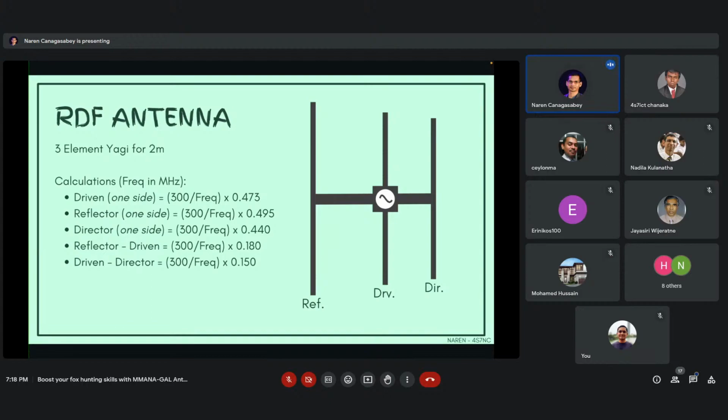These measurements I've actually got off a web resource, and also tweaked slightly to improve the gain of the antenna. So these are the measurements that the model is worked on. The reflector, one side of the reflector, would be 300 divided by frequency in megahertz into 0.495.